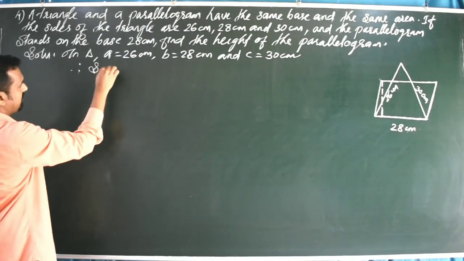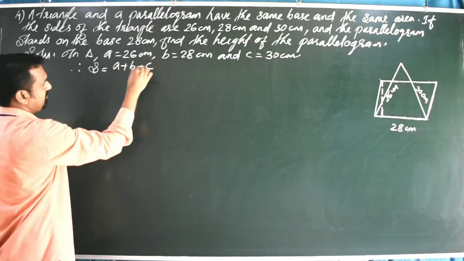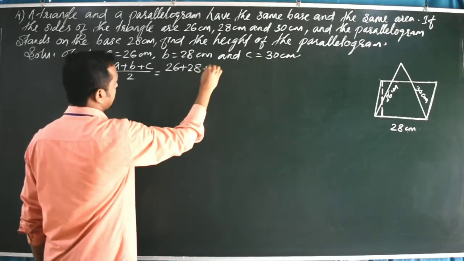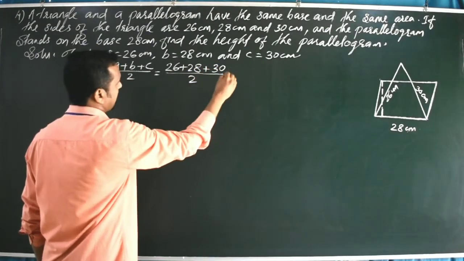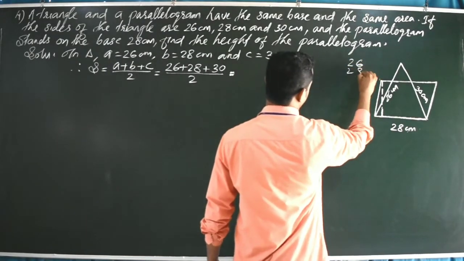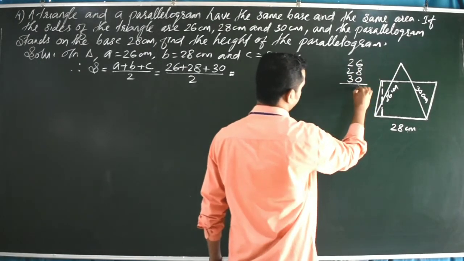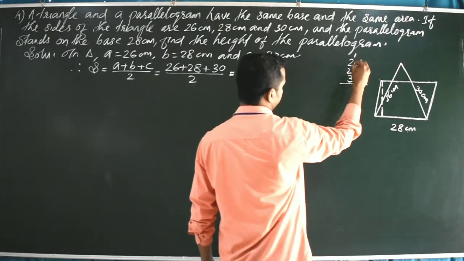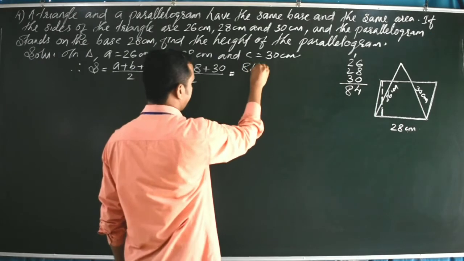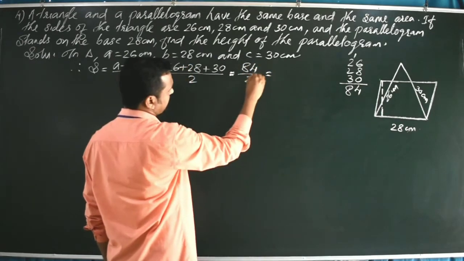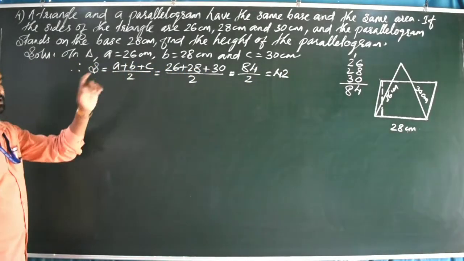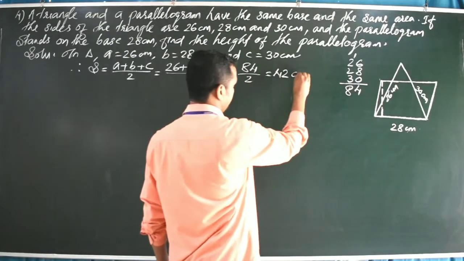Therefore, s is the semi-perimeter. What is the formula? s is equal to (a plus b plus c) divided by 2, that is 26 plus 28 plus 30 divided by 2. 26 plus 28 plus 30 is 84, divided by 2 is 42. So the semi-perimeter s is 42 cm.